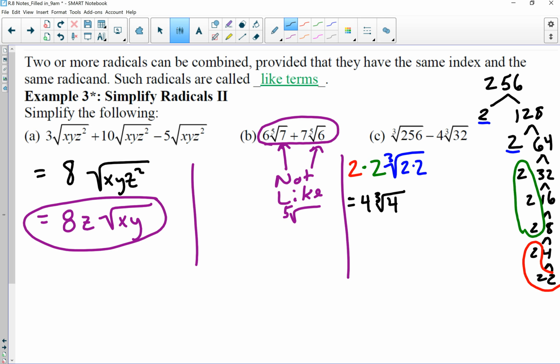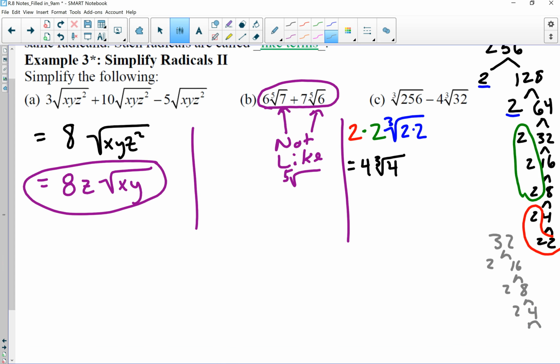The next one, I'm looking at 32, so I could look at my factor tree for 32. And here's a nice cheat. I actually had it before. It was 2 times 16, which is 2 times 8, which is 2 times 4, and then I have 2 times 2. So again, I'm looking for triple sets. Here's my triple set, and that's the most that I can do.